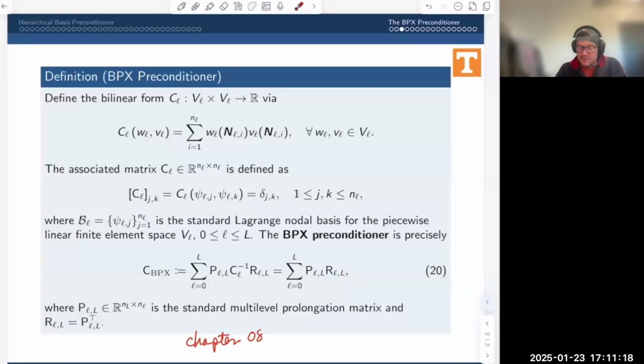In fact, these could be fairly complicated. We don't know what they look like. We've looked at the Q matrices, and we've looked at the prolongation and restriction matrices when going from one level to the next, but we've never looked at what these look like as multi-level objects.